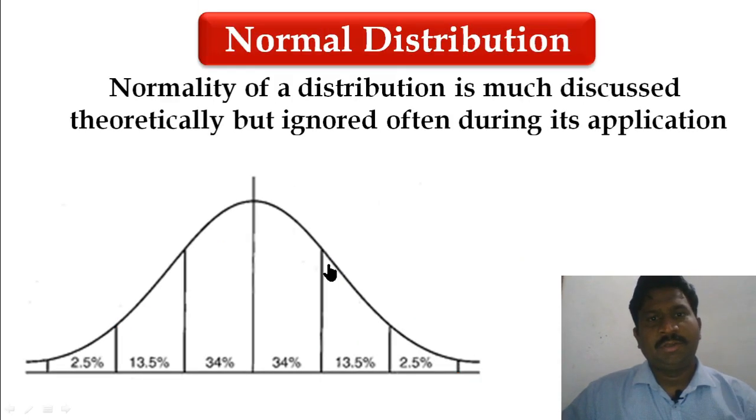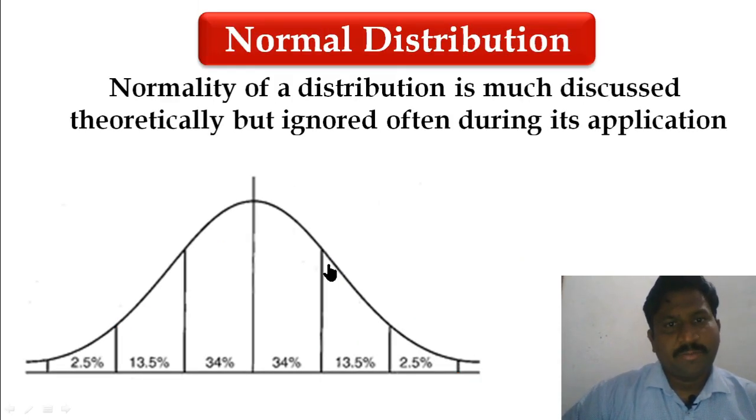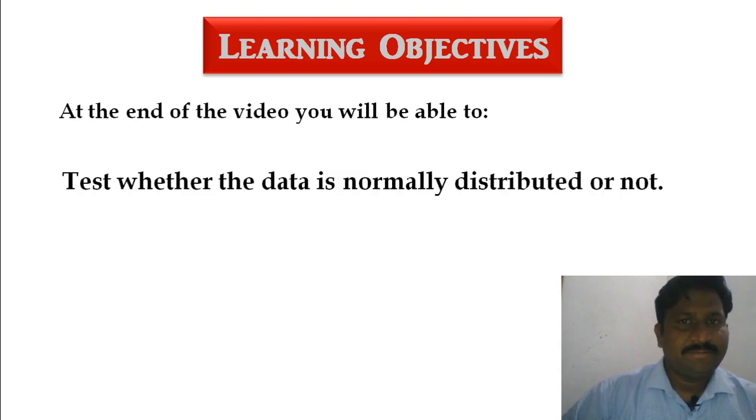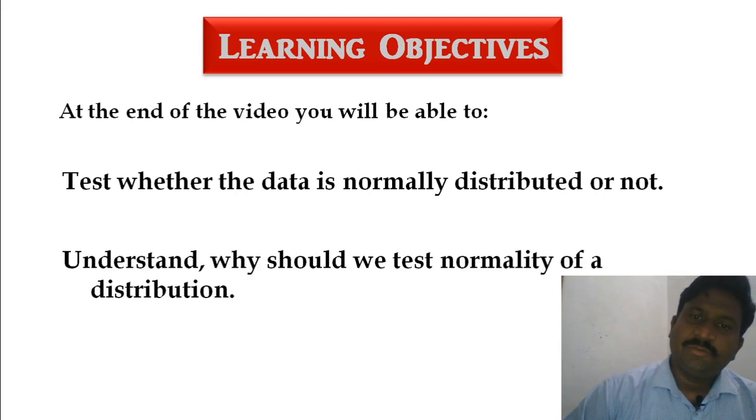How to test the normality of the data is the learning objective of this video. At the end of this video, you will be able to test whether the data is normally distributed or not with the help of SPSS, and you will also understand why we should test normality of a distribution.